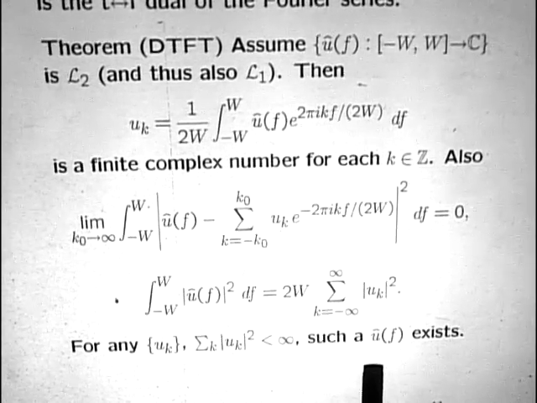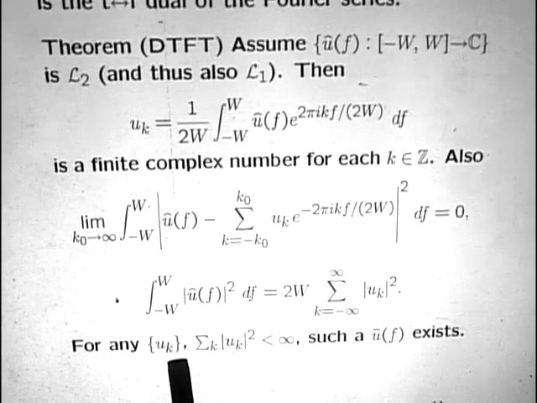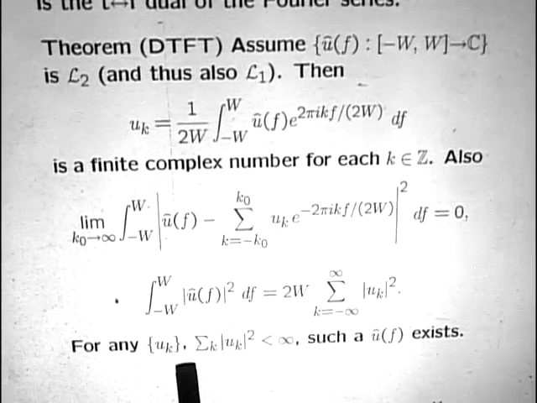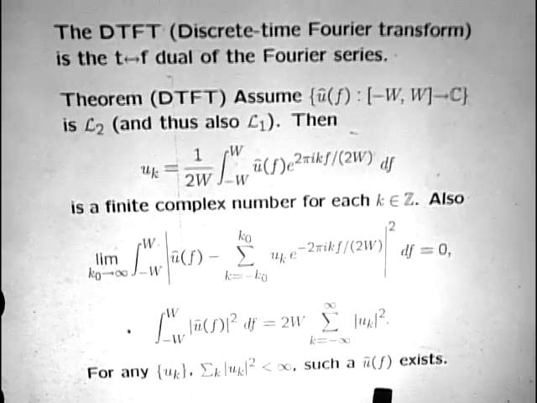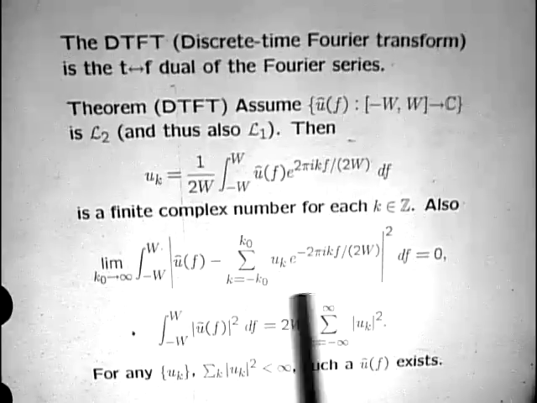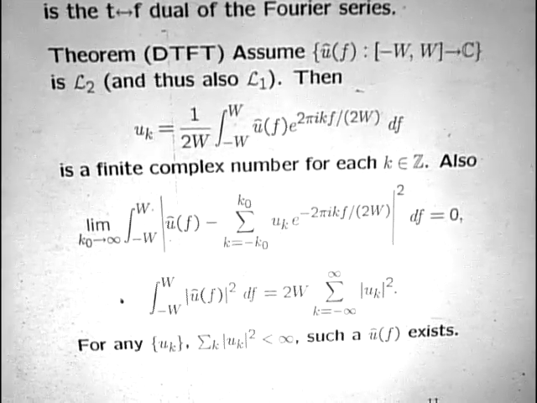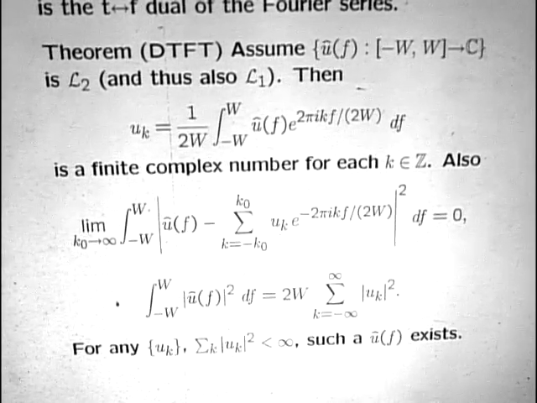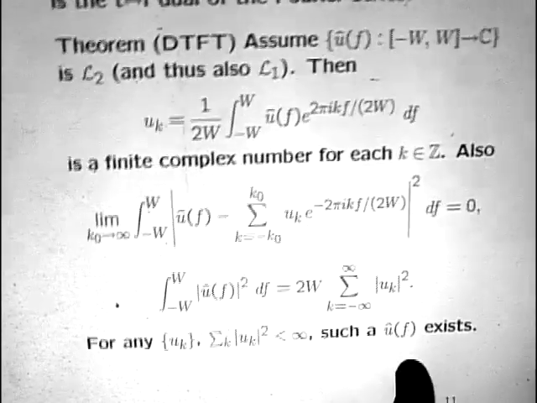Many people, when they use the discrete-time Fourier transform, think of starting with the sequence and saying, well, it's nice to think of this sequence in the frequency domain, and then they say a function f exists such that this is true, or they just say that this is equal to that without worrying about the convergence at all, which is more common. But since we've already gone through all of this for the Fourier series, we might as well say it right here also. Okay, so there's really nothing different here.